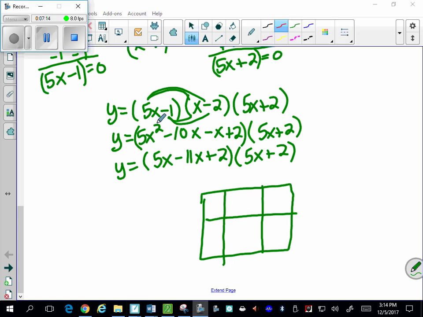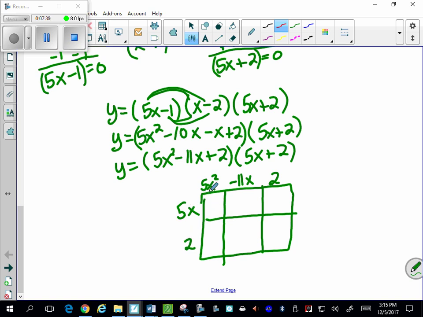I forgot the square up here. We're going to have 5x squared on top of one of the boxes, negative 11x on top of another box, and positive 2 on top of the last one, then 5x and a positive 2 on the side. And we're just going to multiply these out.